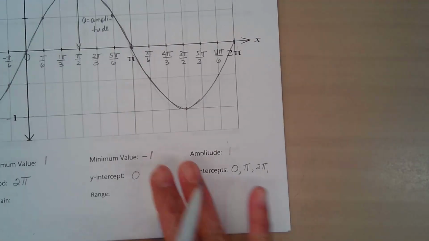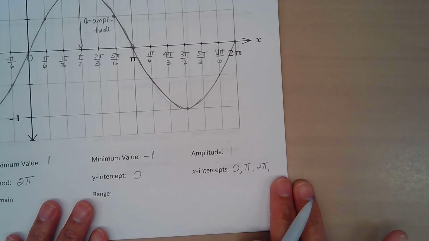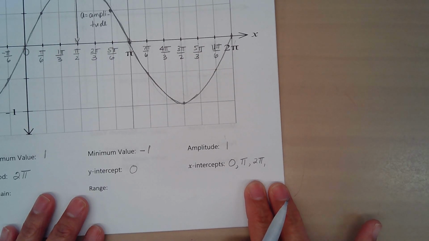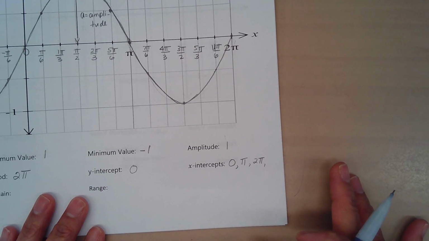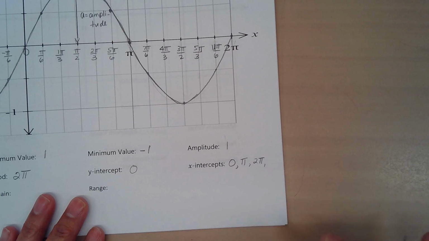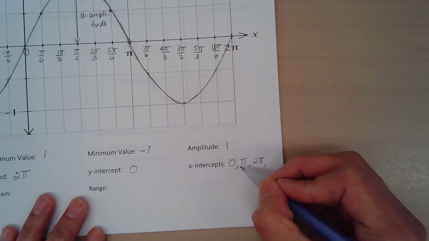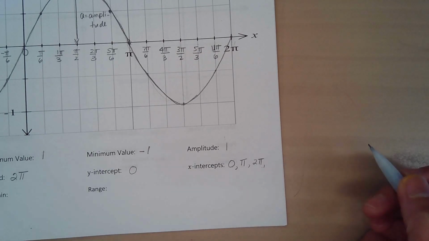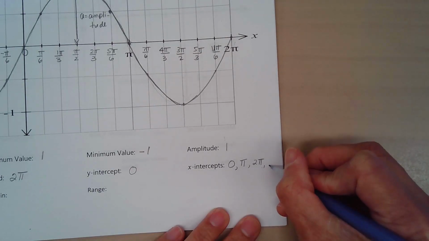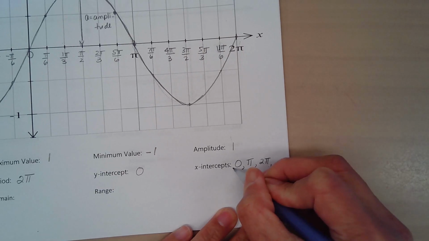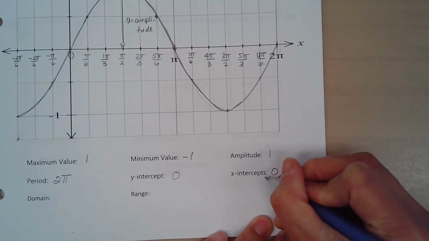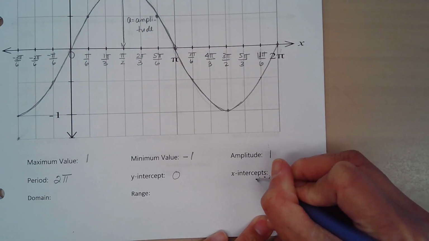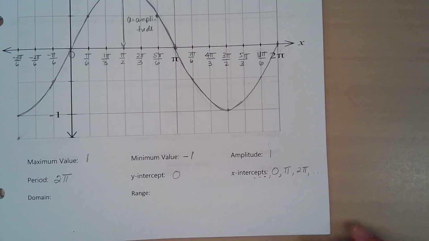So in this case, there are going to be infinitely many x-intercepts. So we can say this is going to be 0, pi, 2 pi, dot, dot, dot, and then comma, negative, dot, dot, negative pi.